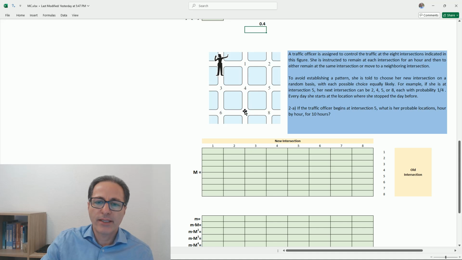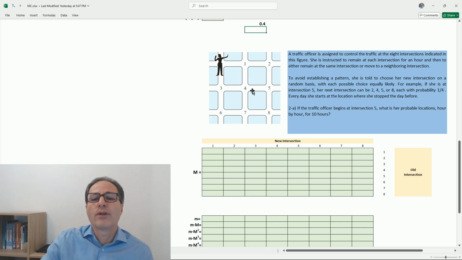It means that if she is, for example, at intersection 4, there are 5 possibilities. She can stay at the same intersection for the next hour, or she can move to 1, 3, 5, or 7. Since the choices are equally likely, for each of them the probability is going to be 1 out of 5, or 1/5.